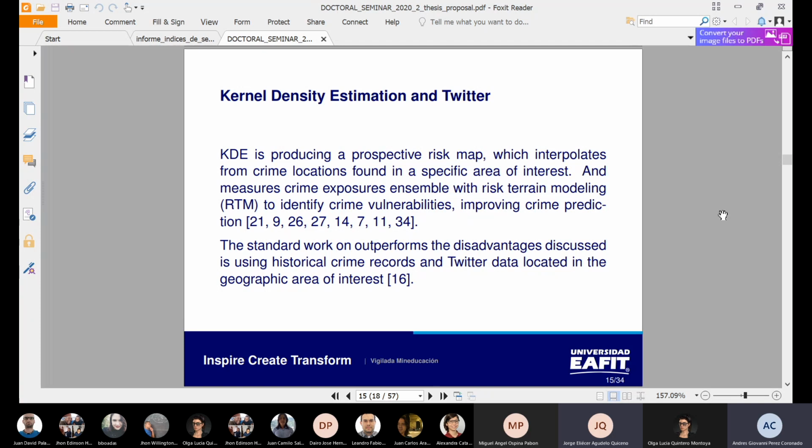This tool is a non-parametric statistical tool, and it has good performance. The standard work and its advantages and disadvantages are discussed using historical crime records and Twitter data located in geographic areas. It is a mix between KDE and Twitter. It is work by Matthew Herbert that we took to use in our project.